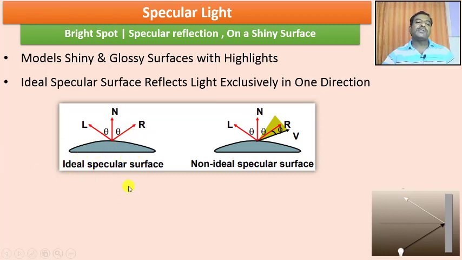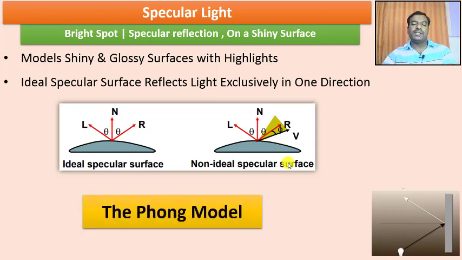This is the ideal specular surface which creates a sharp point or a bright spot on the surface. Whereas when I say non-ideal, the reflective ray can be in any of this range. It can be in any of this range, and we call this non-ideal specular surfaces.